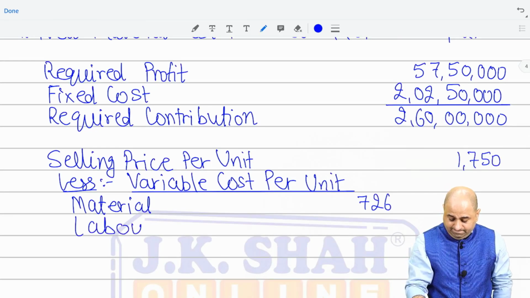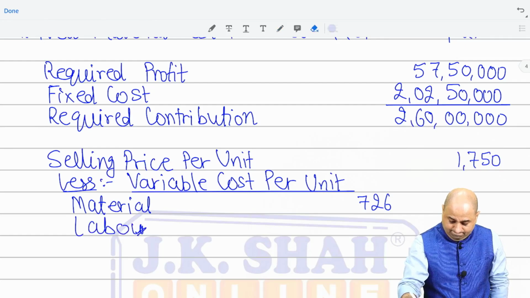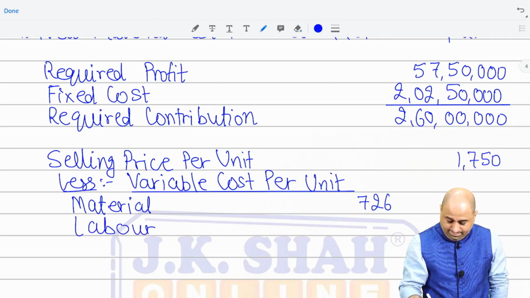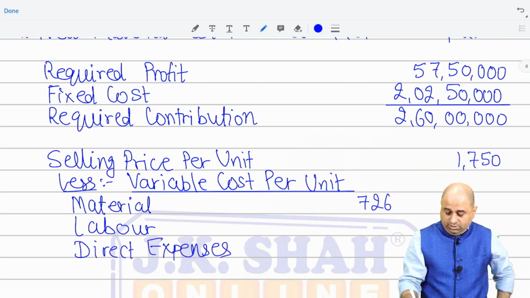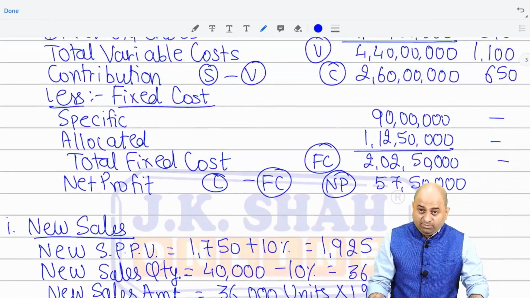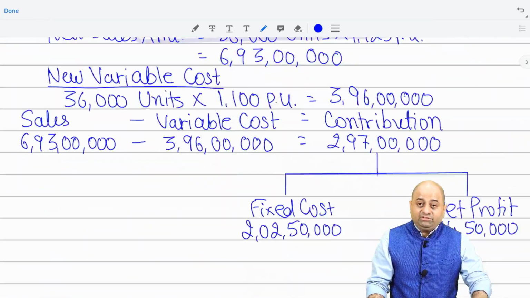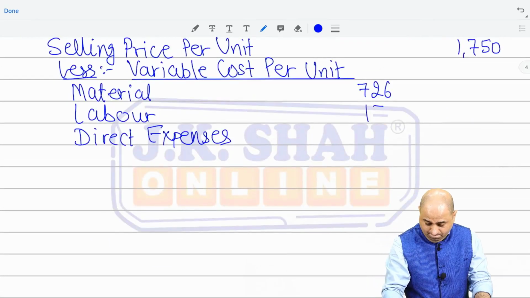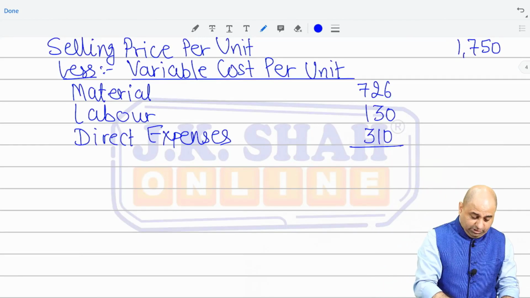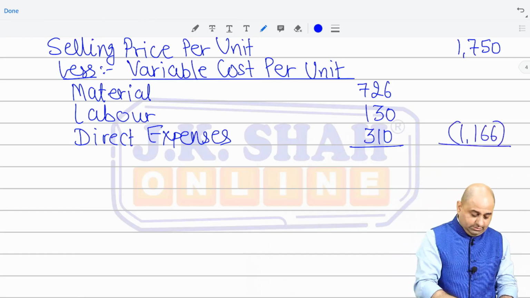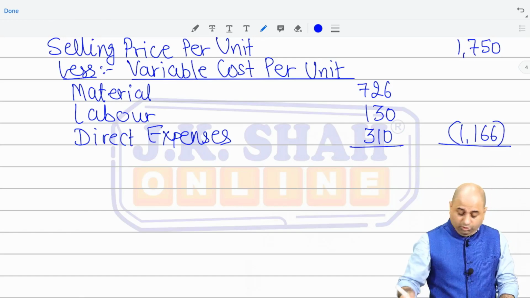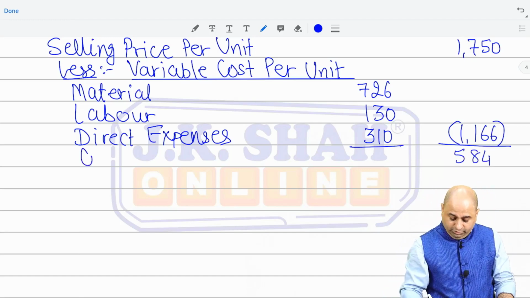So labor and direct expenses per unit, again we will have to keep the same, and we have calculated that earlier, my dear friends, which is 130 and 310. So 726 plus 130 plus 310, so 1166. Contribution per unit is 584.